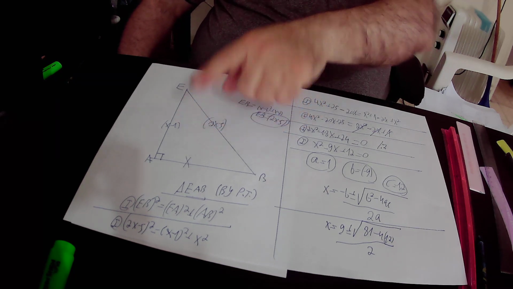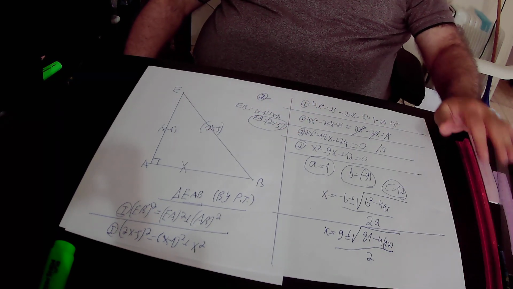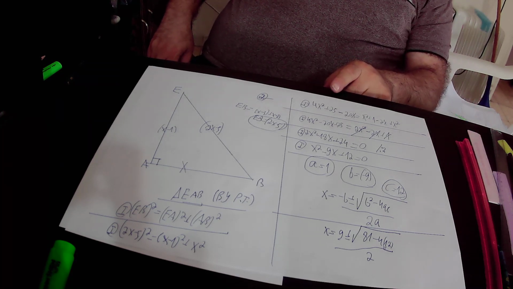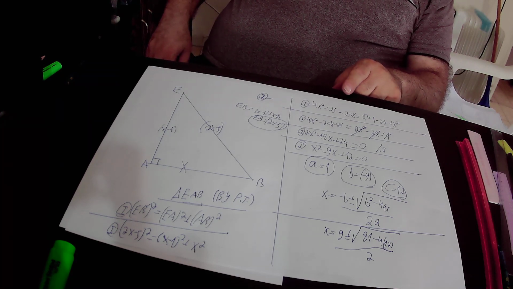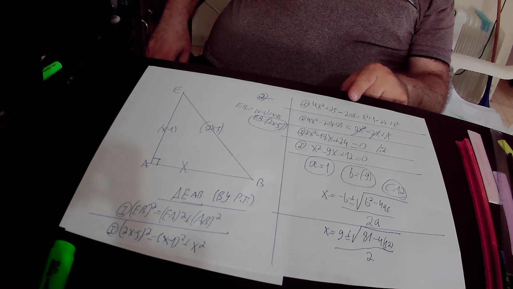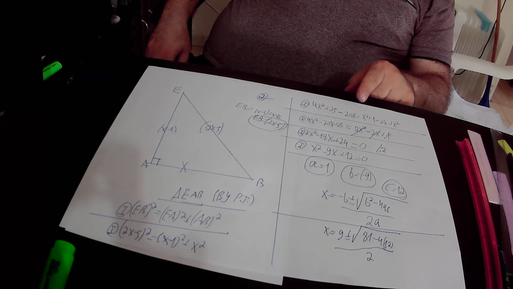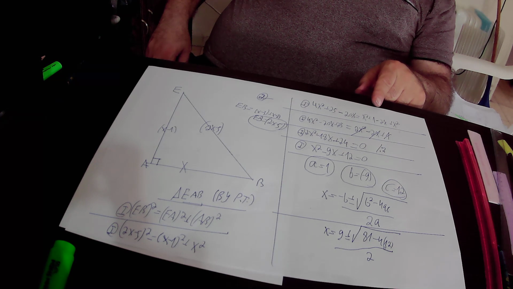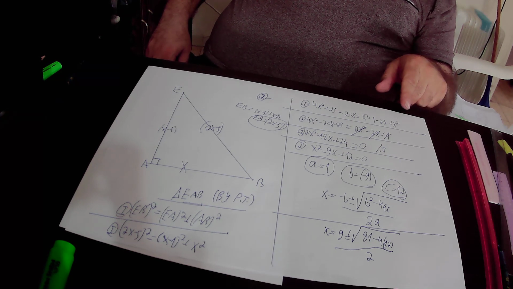We open the brackets on both sides of the equation. 2X minus 5 squared equals 2X squared, that is 4X squared, plus 5 squared, that is 25, minus 2 times 2X, which is minus 4X, and minus 4X times 5 is minus 20X. And it is equal to X minus 1 squared, which is X squared plus 1 squared, that is 1, minus 2X, plus the other X squared.